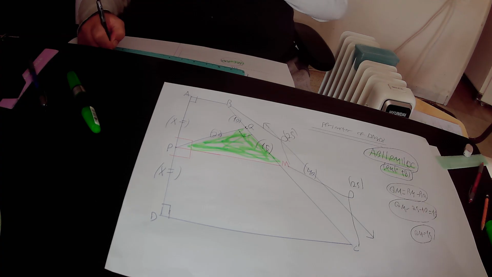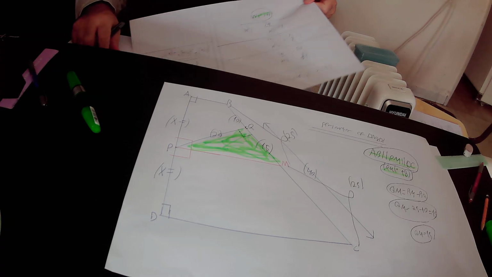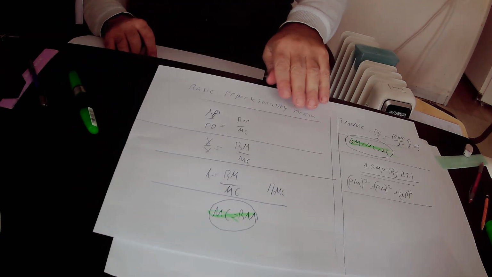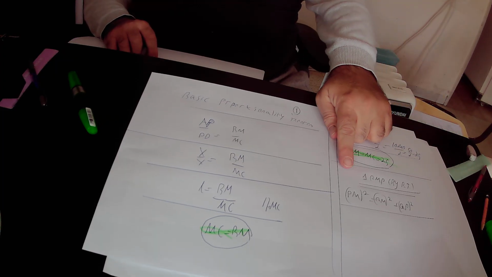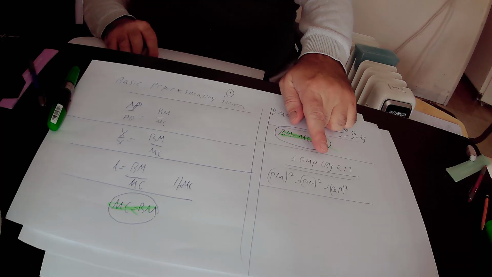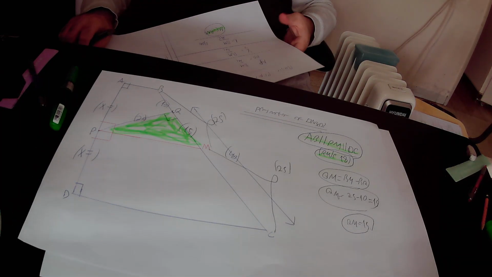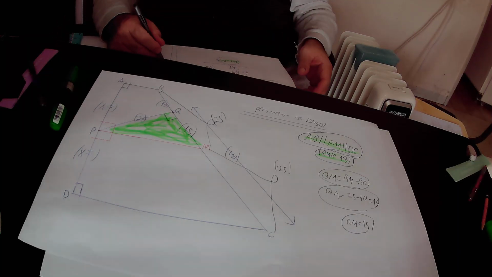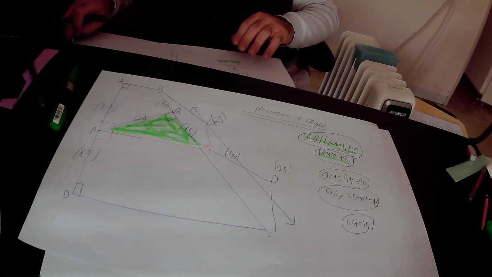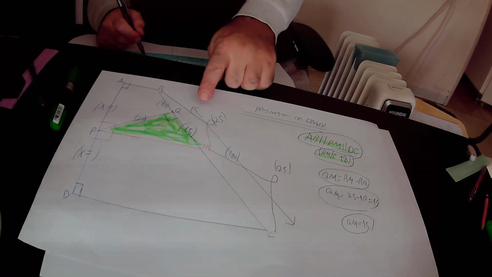PM is the missing side, so we leave it as it is. PM squared equals QM squared.